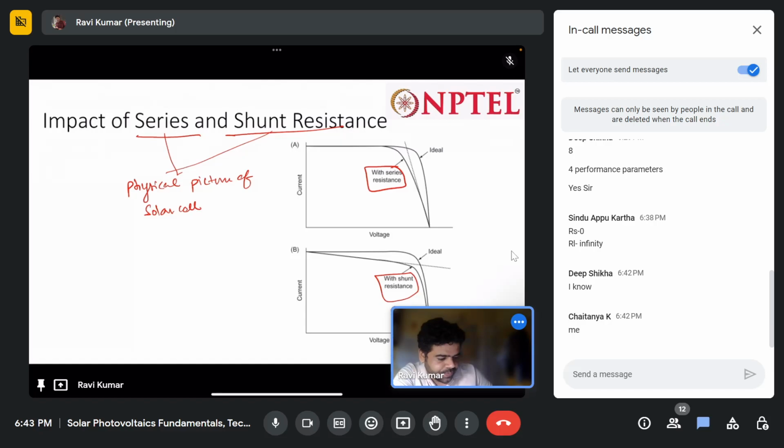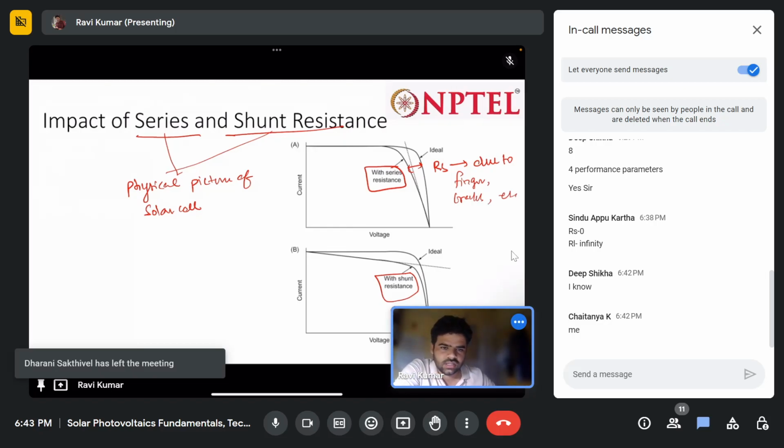If we see this kind of phenomenon in the IV curve, we can tell it is the impact of RS and it is due to some finger breakage, cracks, or many things which are the sources of series resistance.